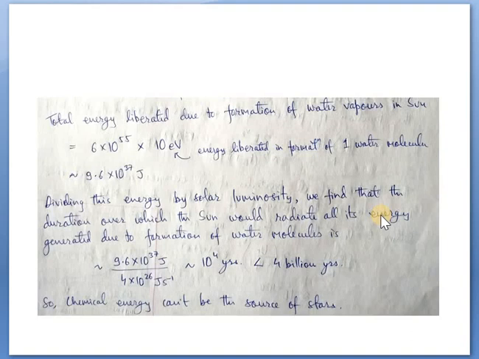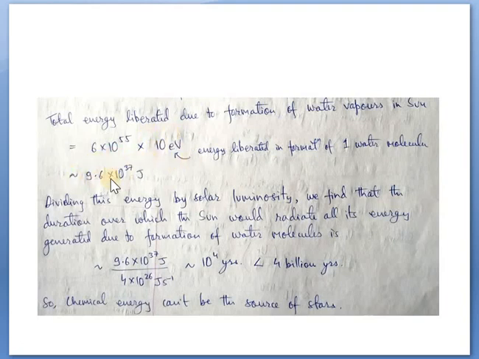Now the total energy liberated due to formation of the water vapor in the sun, let us estimate it, and it turns out to be of the order of 10 into 10 to the power 37 joule, considering the energy liberated in the formation of one water molecule to be 10 electron volt.